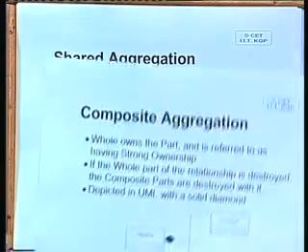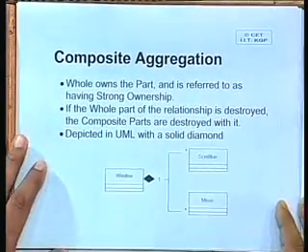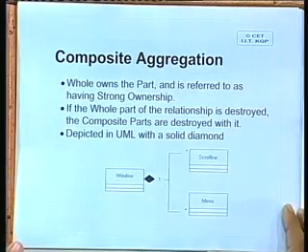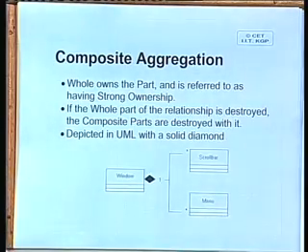The next one is called the composite aggregation, right? The composite aggregation is something like this, that you see, when we talk about the tutor or the institute or the department and the institute or the system unit and the computer, even if the computer class is destroyed, system unit may still be there, is it not?